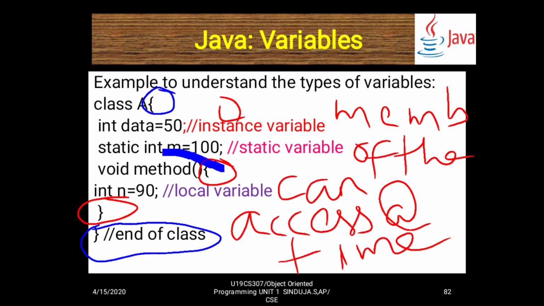Okay, members of the class can access it at any time. So that is the key component of your instance variable.